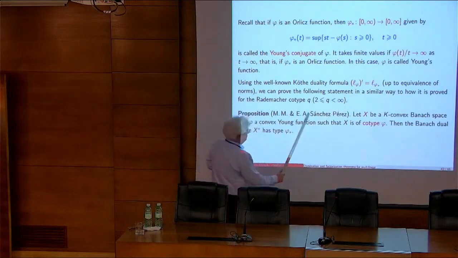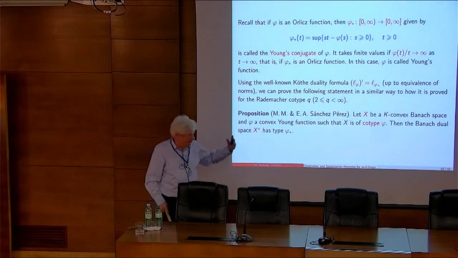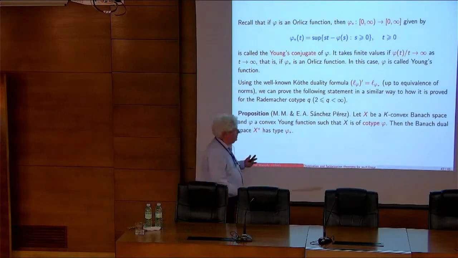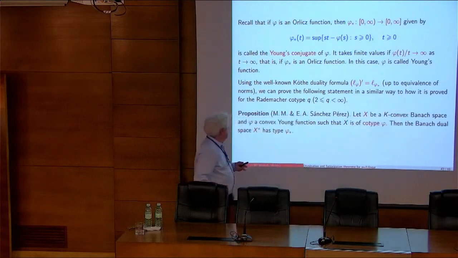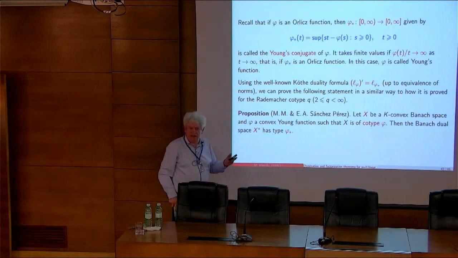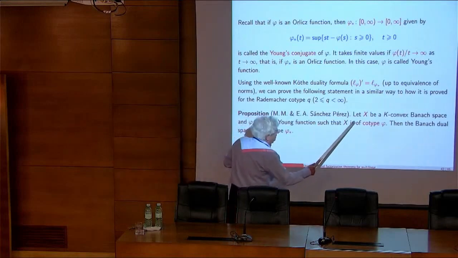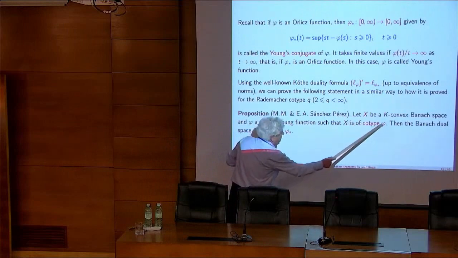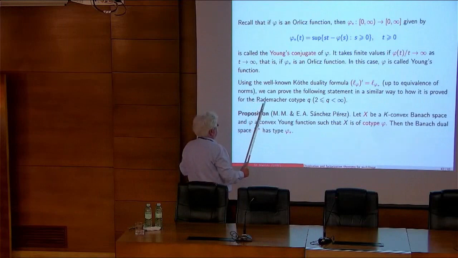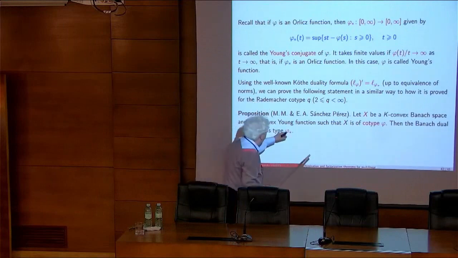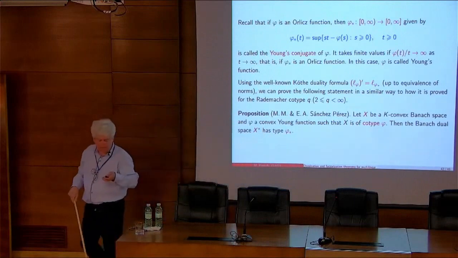So we have the following, and in fact, if you study carefully the proof for L^p, whenever X is K-convex, in the sense of Pisier, so this means that it has non-trivial type, and phi is a convex Young's function, X is of cotype, then the conjugate of our Banach space is of type phi star, where phi star is the Young conjugate function for phi.